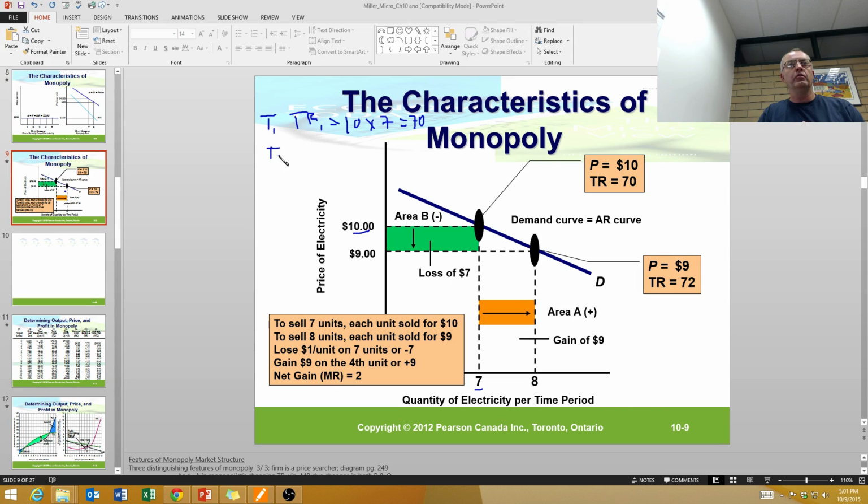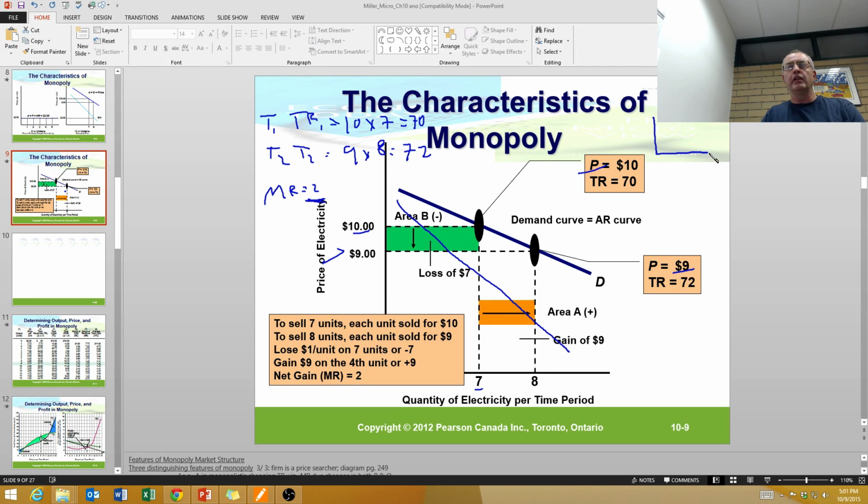And at time 2, total revenue equals $9 times 8 units, so total revenue is $72. So in this little example, our marginal revenue equals 2, and we can intuitively see that the marginal revenue curve is going to be underneath the demand curve because the marginal revenue is 2, and that is certainly less than a price of 10 and certainly less than a price of 9.